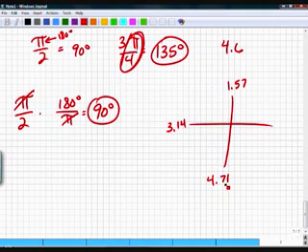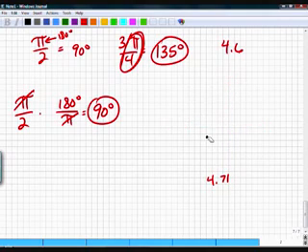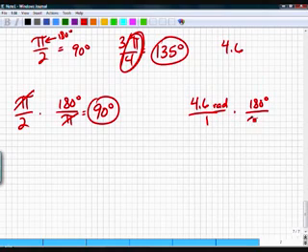So it's going to be third quadrant, right? To convert it, 4.6 radians over 1 times 180 degrees is pi radians. Radians cancel, so you're going to do 4.6 times 180 divided by 3.14.